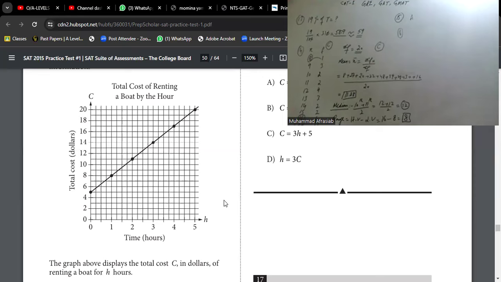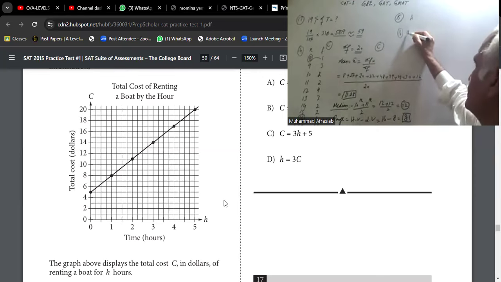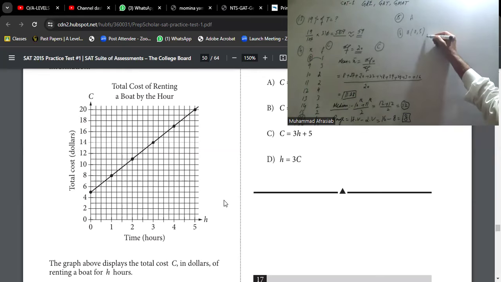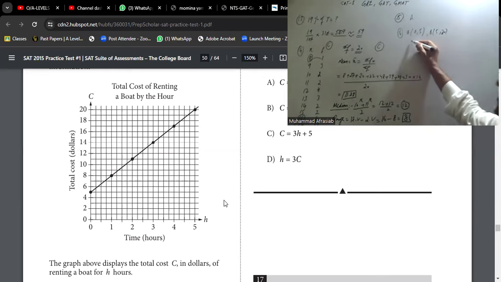So (0, 5) is one point, where H is 0 and C is 5, and the other point is (5, 20). First we have to get the relationship y = mx + c, because this is a straight line.